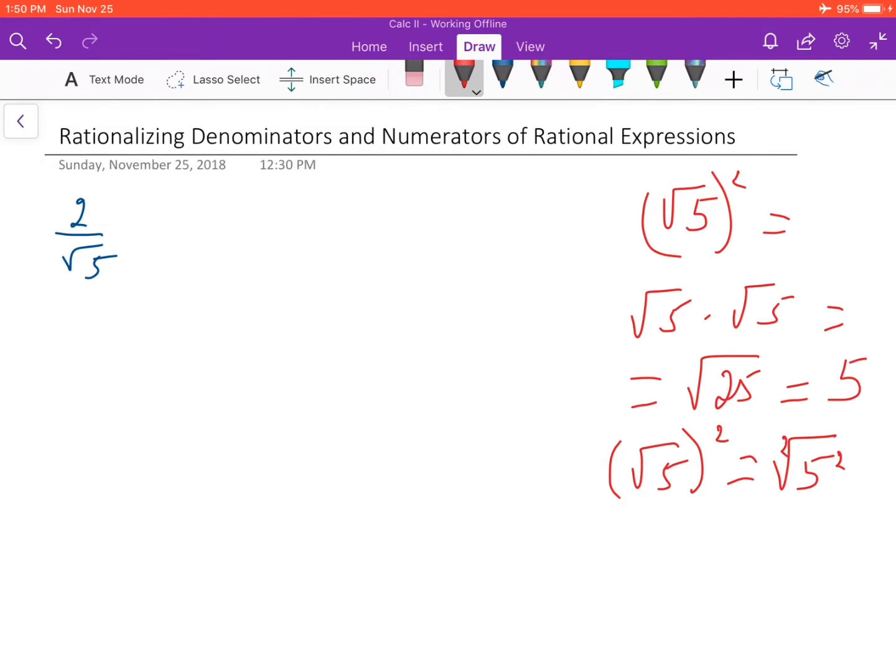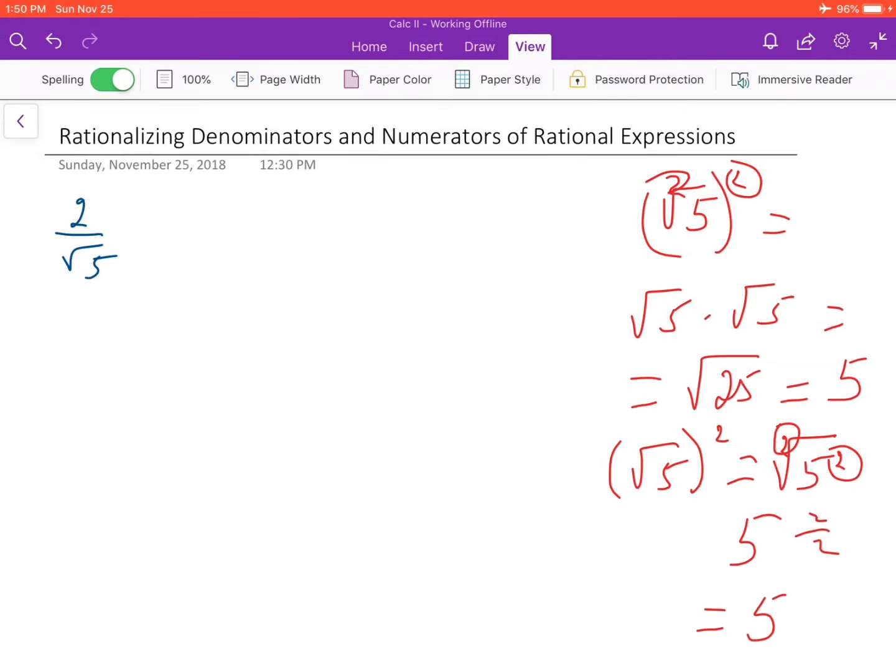If we have a square root here and a square here, 2 and 2, then the clean number will come out, 5. So the degree has to be the same.